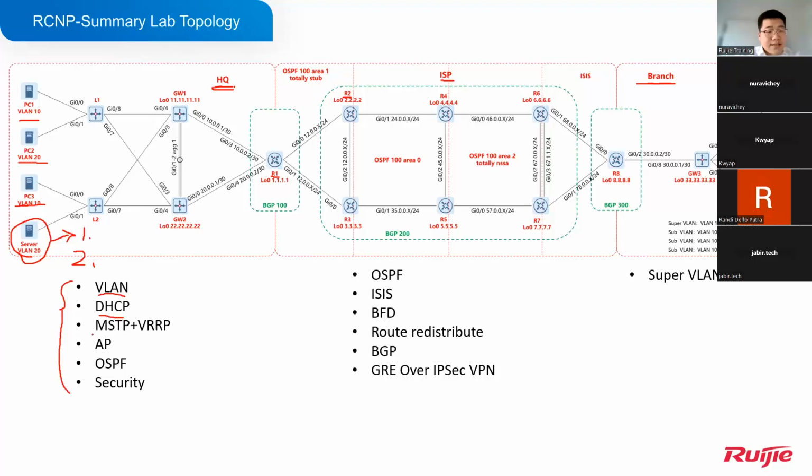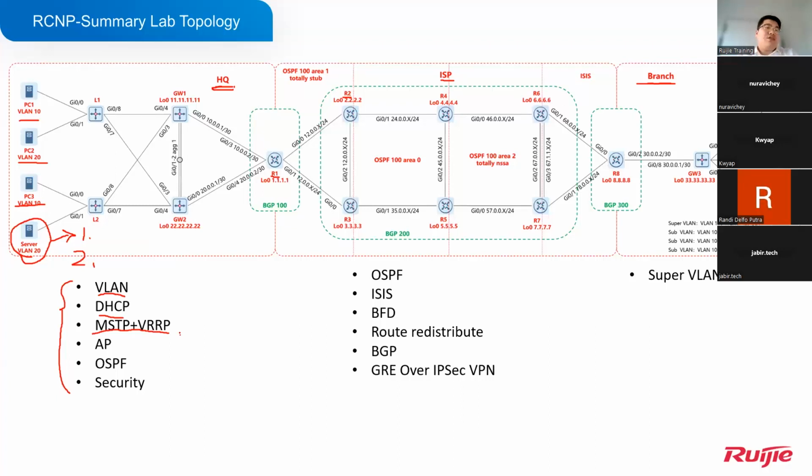And next is MSTP and VRP. These two protocols are often commonly used together. About the MSTP, firstly, you should know that MSTP is a working mode of spanning tree. Right?